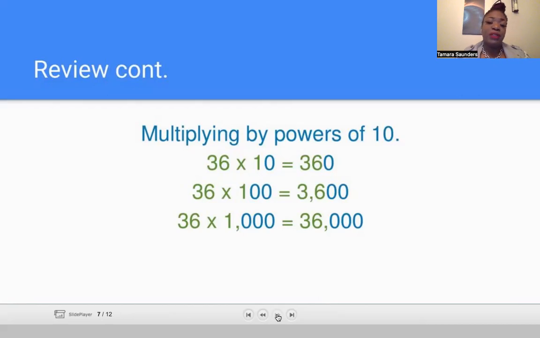So we are going to multiply 1 times 36, giving us 36. We have 2 zeros here, and we're going to take those 2 zeros over to our product. And lastly, 36 times 1,000. 1 times 36 is 36, and those 3 zeros, we take them over to the product side. And that's our ease in multiplying by powers of 10.